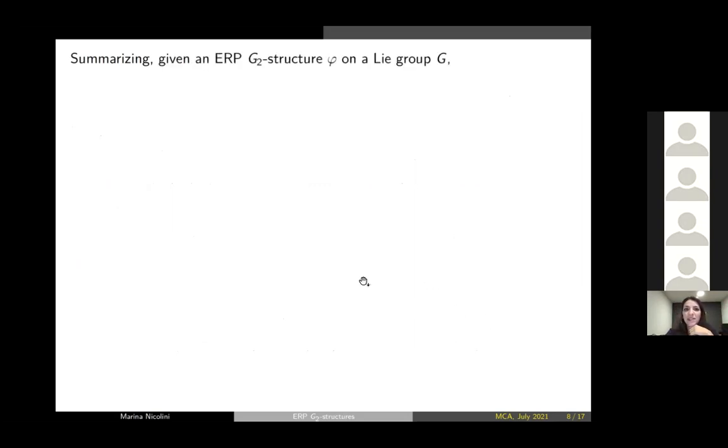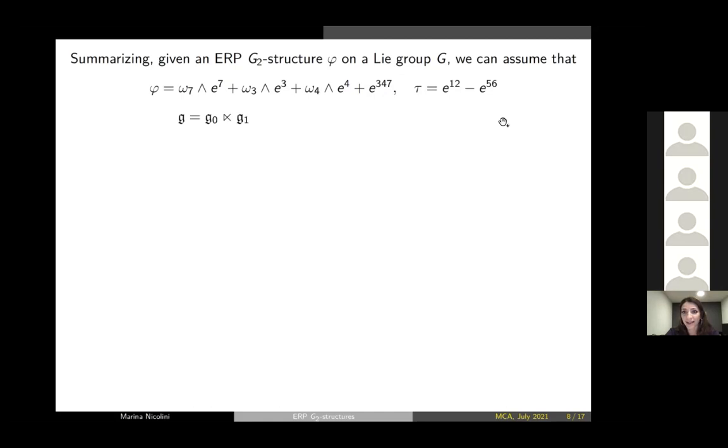Okay, so summarizing, the theorem says that given an ERP G2 structure on a Lie group, we can assume that the G2 structure is the same as before with the omegas now. The torsion form has this form, and the Lie algebra has the structure of a semi-direct algebra product, where G0 has basis 7, 3, 4, and G1 has basis 1, 2, 5, 6.